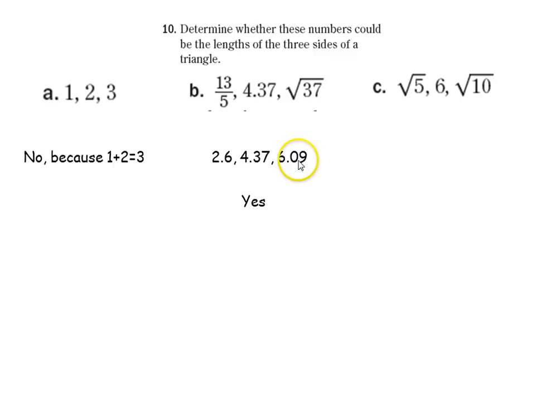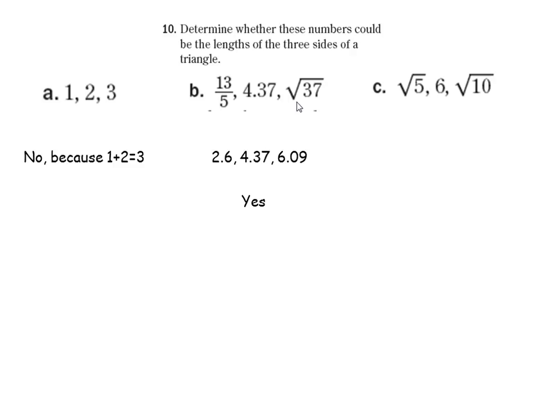And then 6.09 plus 4.37 is clearly bigger than 2.6, and then 6.09 plus 2.6 is clearly bigger than 4.37. And you would check that with the calculator. I'm just kind of doing it in my head here. But it's clear that those are bigger. But the one you would want to be sure of is the 2.6 plus the 4.37, but I had already checked that before. So the answer to this question is yes. These three side lengths can make a triangle.